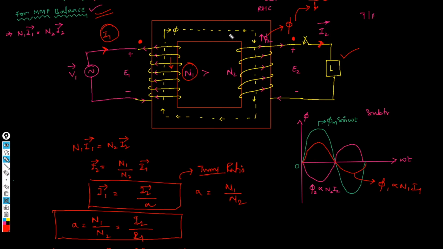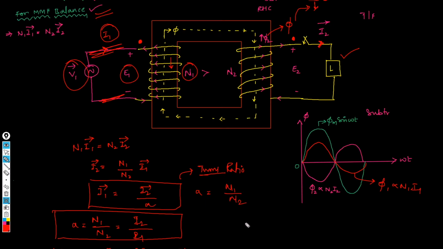As I have said in the earlier case, it is an ideal transformer. So whatever voltage is present here will be equal to E1, because the wires used in between have no resistance, so the voltage drop is 0. So V2 will be equal to E2.